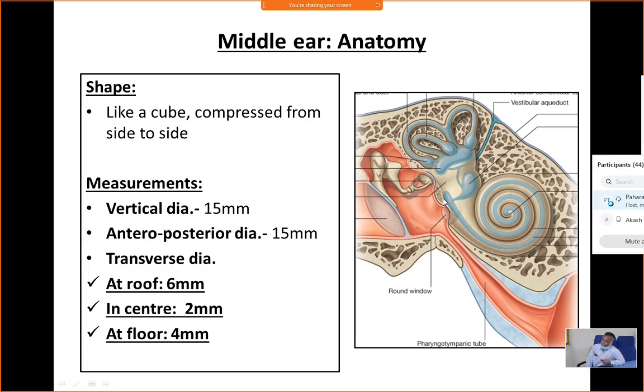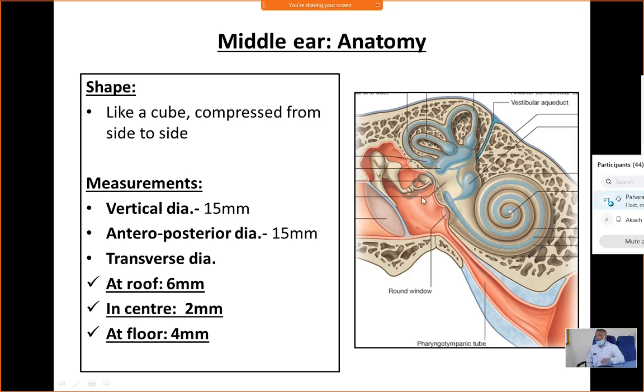Now the measurements. The vertical diameter is around 15 millimeter, and the anterior posterior diameter, which we cannot show here, is also 15 millimeter. Now the transverse diameter: at the roof it is 6 millimeter. At the center, though it is shown here as the same as the upper part, it is not actual, because the middle part gets compressed, as our tympanic membrane is concave at the center.